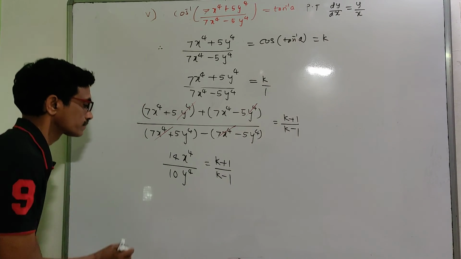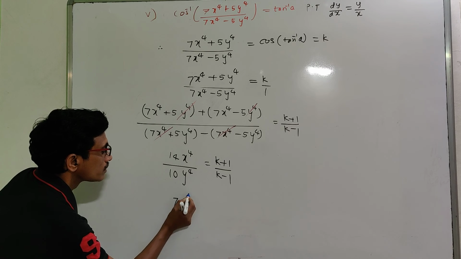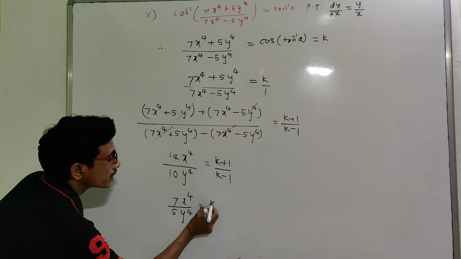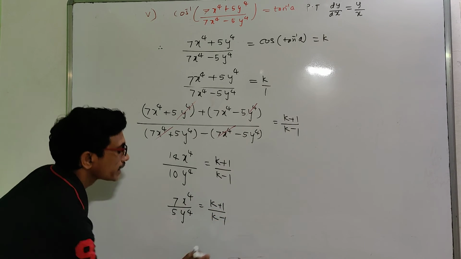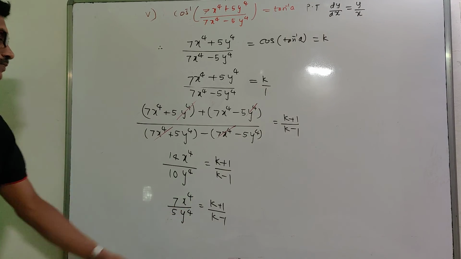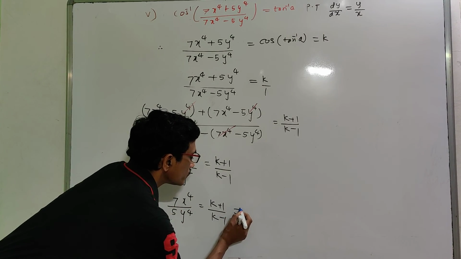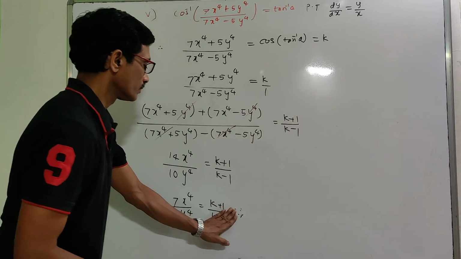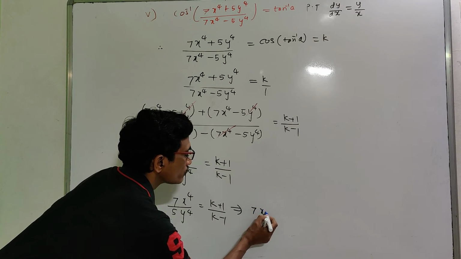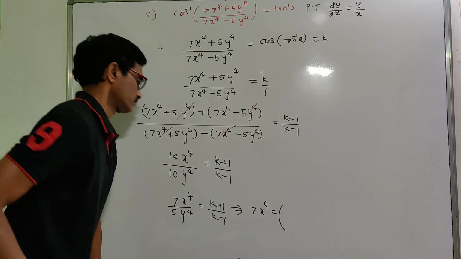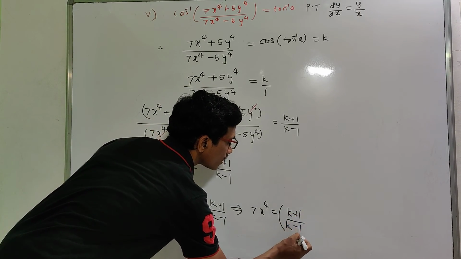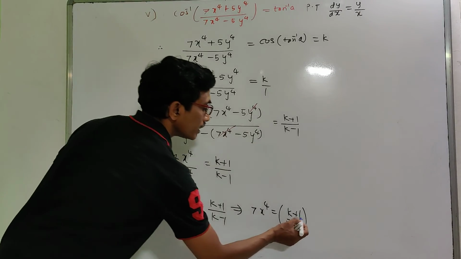We can reduce this, dividing by 2, 7x to the power 4 upon 5y to the power 4 is equal to k plus 1 upon k minus 1. Take cross multiplication, this gives 7x to the power 4 is equal to k plus 1 upon k minus 1 into 5y to the power 4.